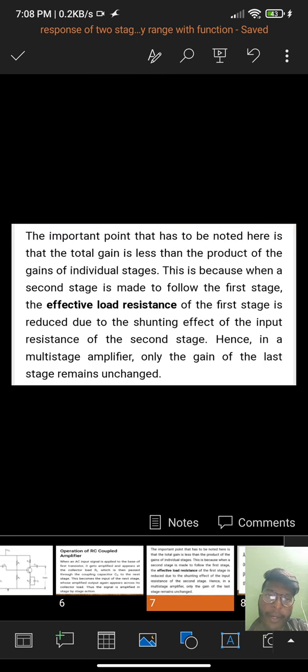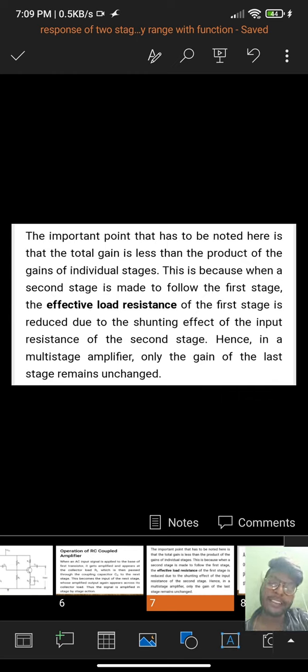The important point to be noted here is that the total gain is less than the product of the gains of the individual stages. This is because when a second stage follows the first stage, the effective load resistance of the first stage is reduced due to the shunting effect of the input resistance of the second stage.